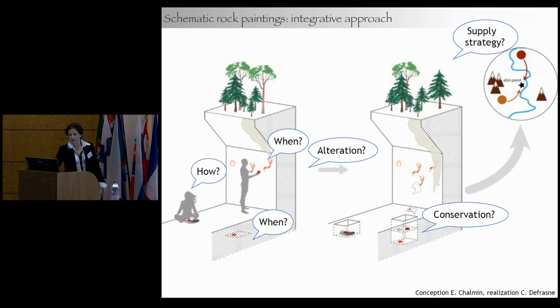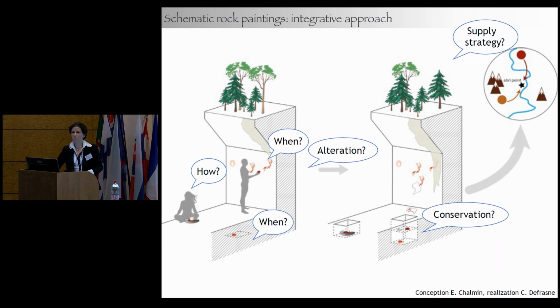This integrative approach tries to answer different questions about the context and the environment of the realization of this paint, when, and the question of the chronology and the attribution to the period.